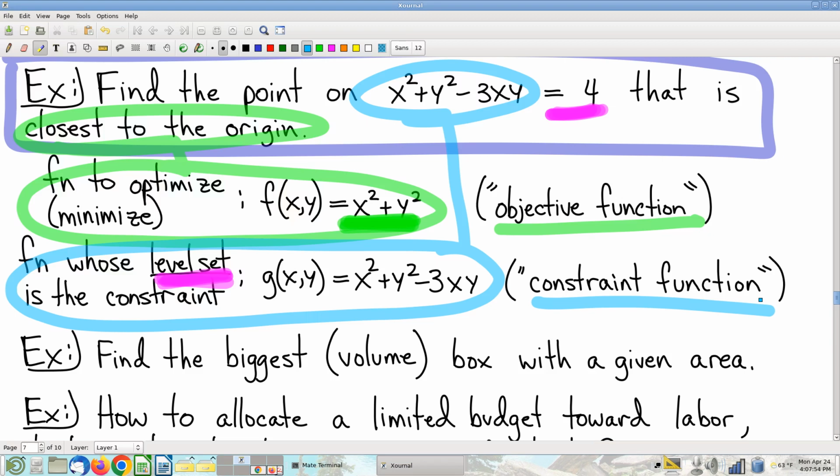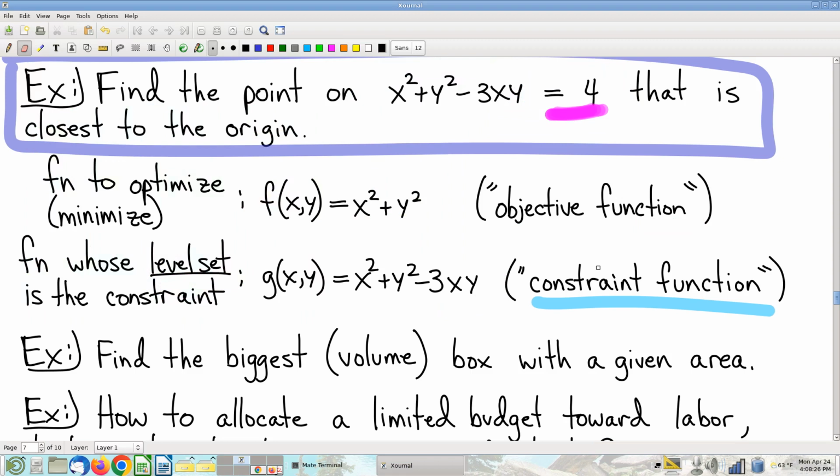So what that means is that if your algebra comes to you by way of an equation that's not already written as stuff equals constant, then you've got to move terms around however is necessary to make it stuff equals constant, because it is, again, part of the rule. The way we're going to approach this, I need to be talking about a level set. That's what we're going to need. Okay. All right, some other examples.